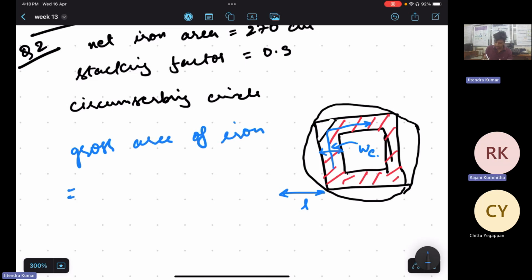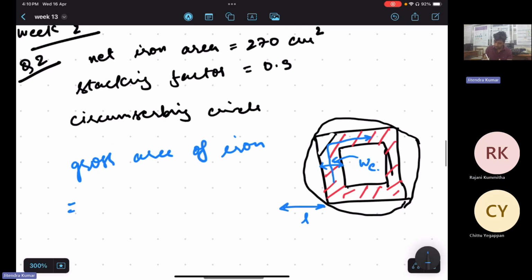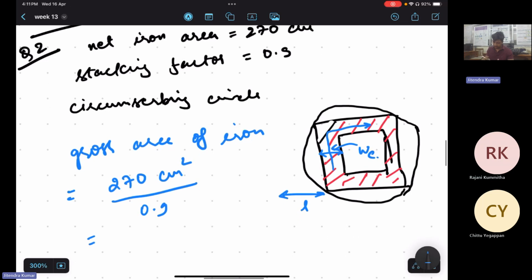How will we calculate the gross area? 270 centimeters square, divide or multiply by the stacking factor they given? Divide by 0.9. Chitu, you are saying something?